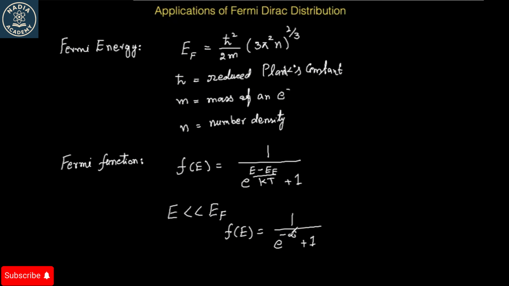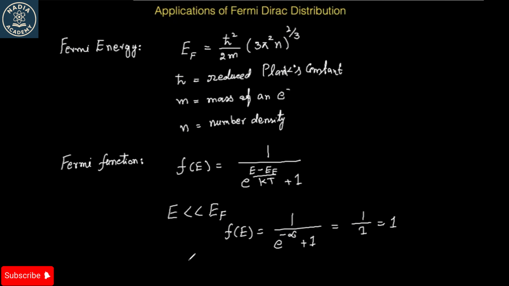So e to the negative infinity is 0, and this equals 1 over 0 plus 1, which is 1. So electrons at energy below the Fermi energy have a probability of occupying a state of 1, that means 100%.